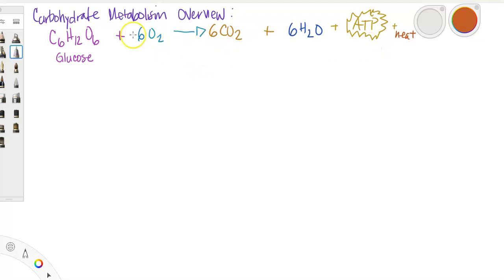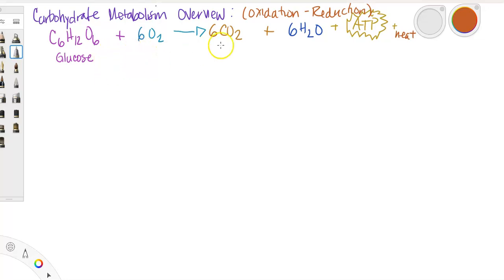So this equation is called a redox equation. So oxidation reduction equation. So what's going to happen is something is going to get oxidized and something is going to get reduced.